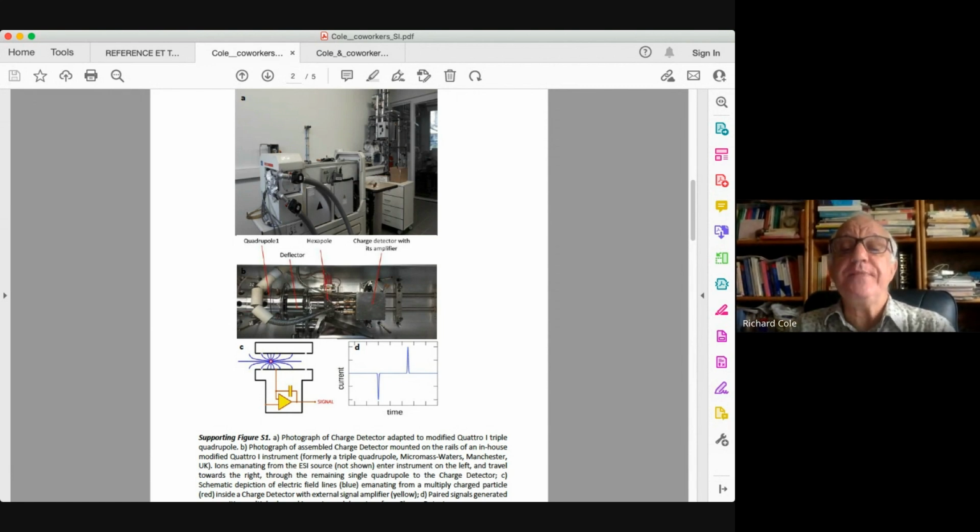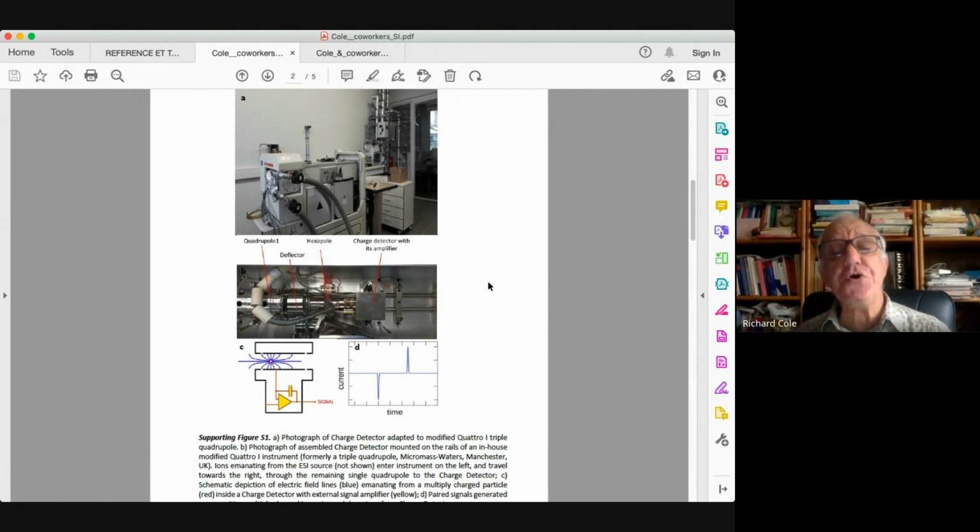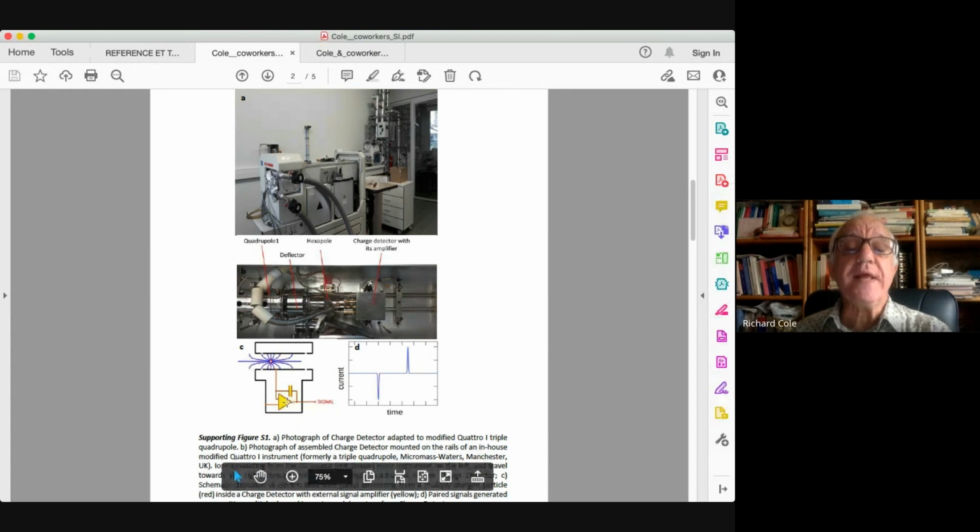Essentially, our charge detector is just a metal tube, and in the functioning of a charge detector, you have an ion that enters within the tube. We've surrounded our charge detector tube with a second grounded shielding tube to cut down on noise. But we have an amplifier here that is going to sense this highly charged particle as it enters our tube, made out of stainless steel.